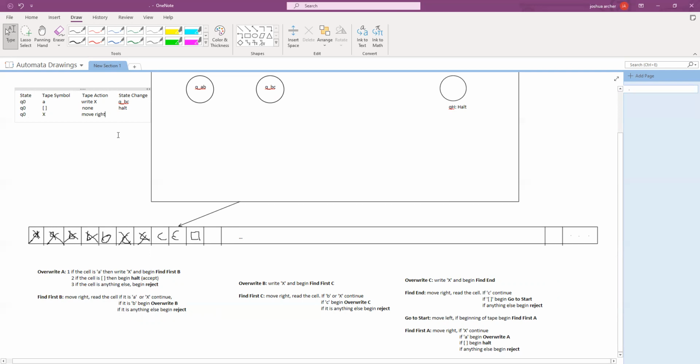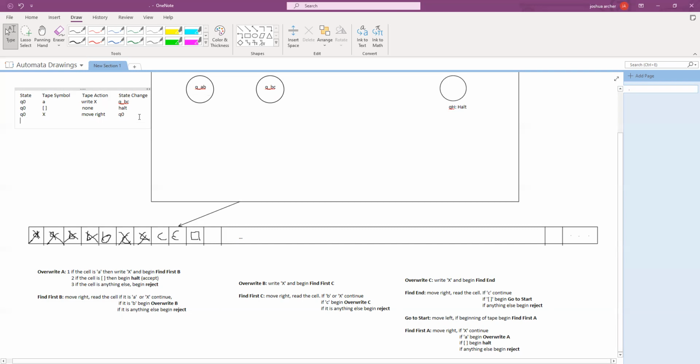Now these actually have labels in the paper. And so move right would just be MR, but I will leave it as is for now. So move right. And state change, we're not changing states. Stay in Q0.